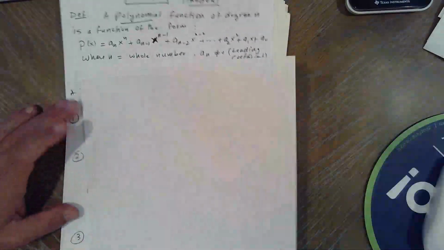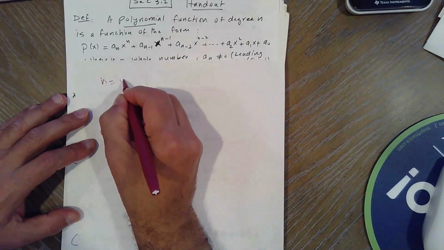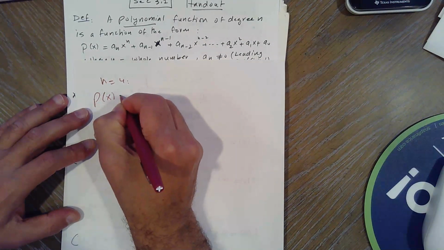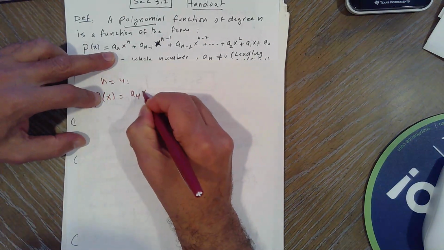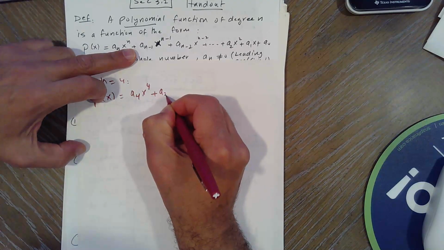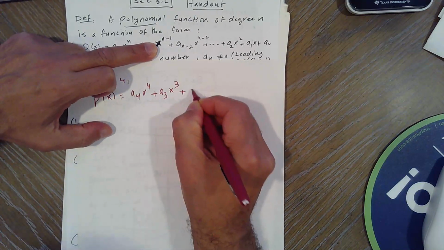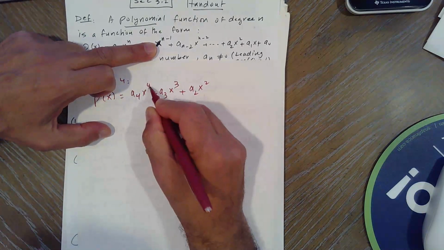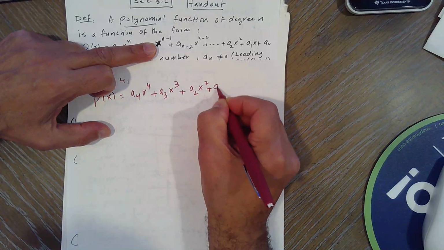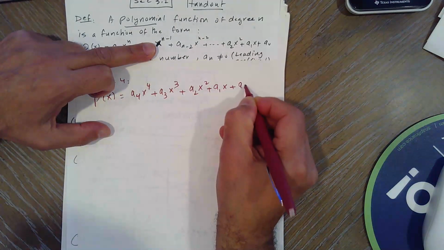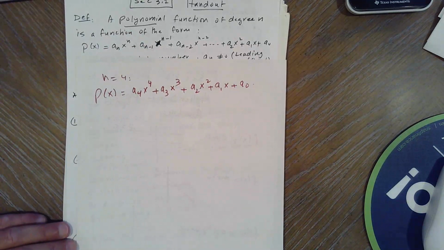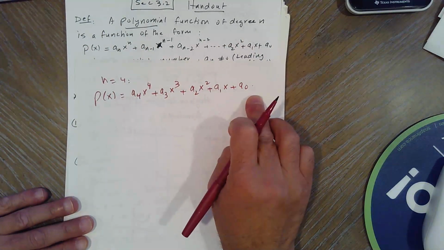For instance, if n is 4, that polynomial p of x or f of x is a_4 x^4 plus a_3 x^3 plus a_2 x^2, and so on. So the exponents decrease by 1 until you get to the constant, which is a sub 0. That's called a polynomial function of degree 4.